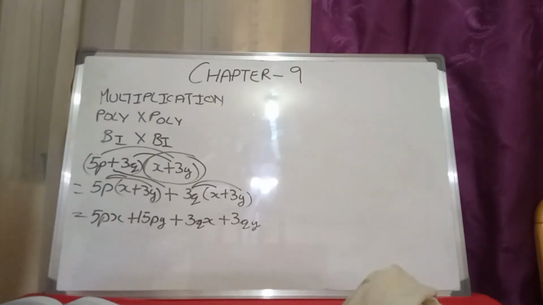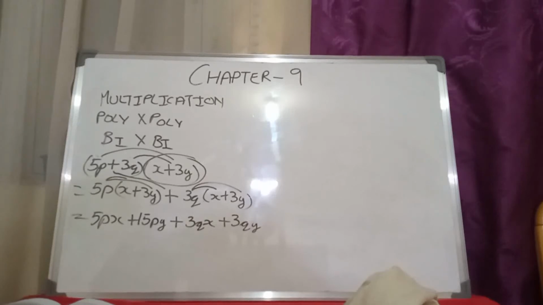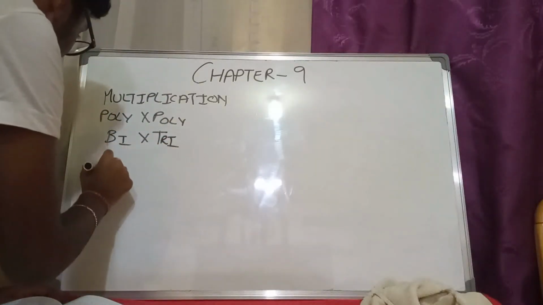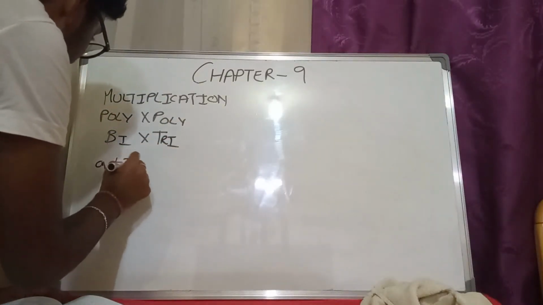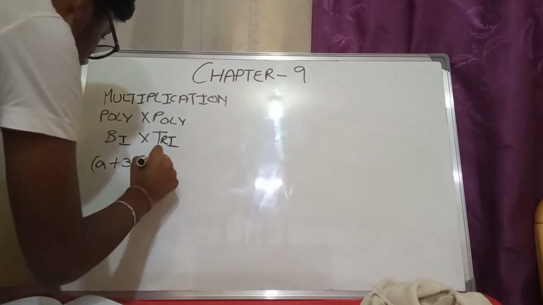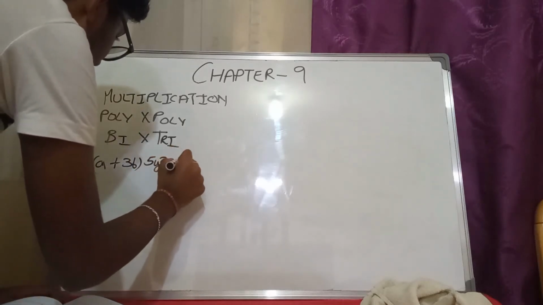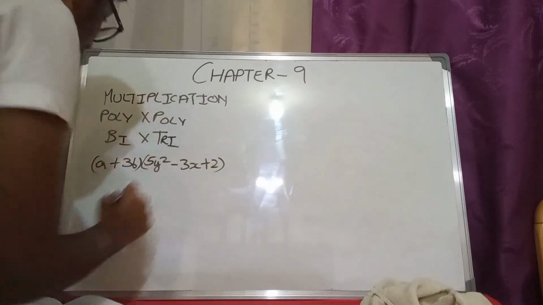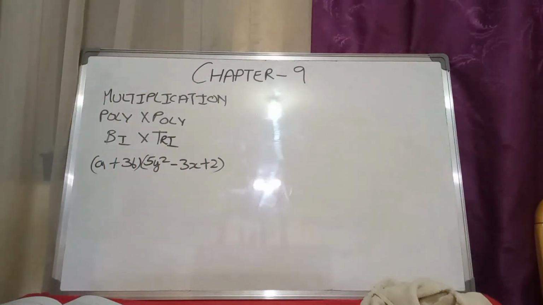by solving a binomial with a trinomial. Okay, so in binomial with a trinomial, we'll be seeing this now: (a plus 3b) into (5y square minus 3x plus 2). So this is also the same way how we were solving first.